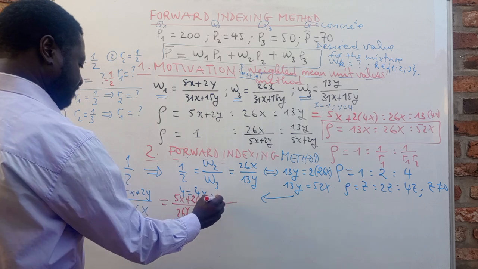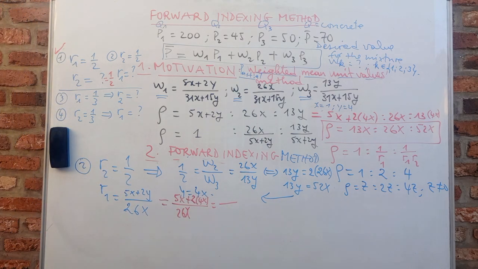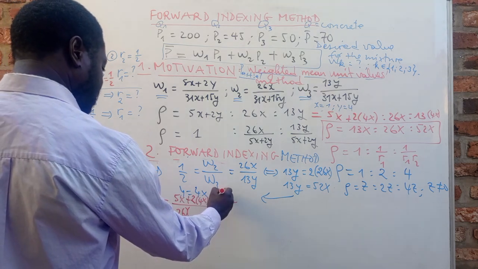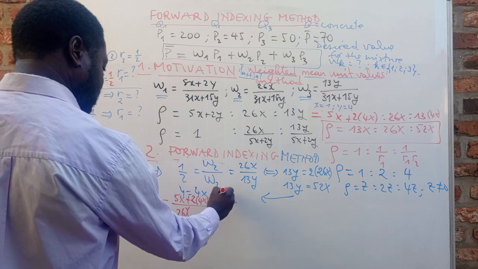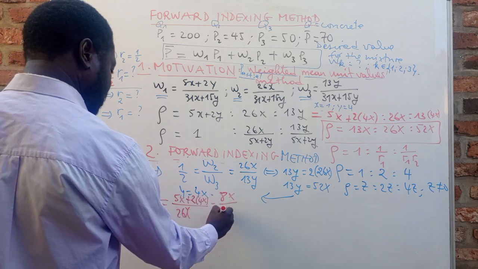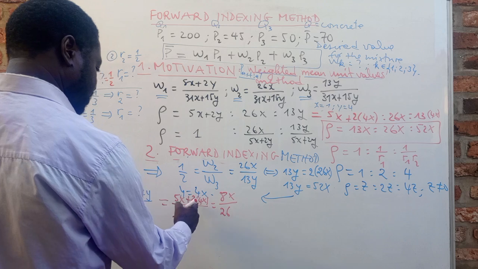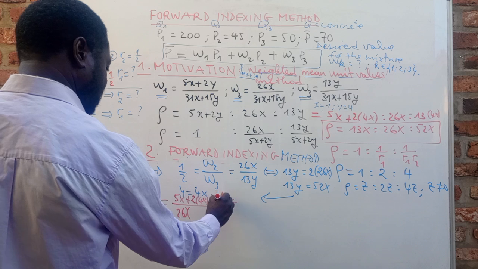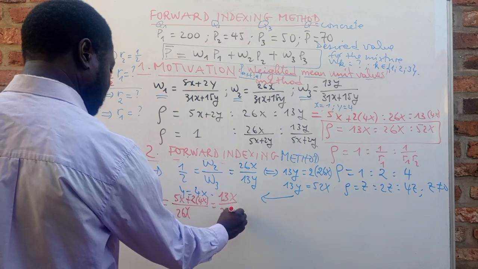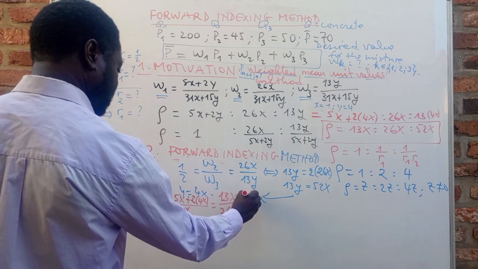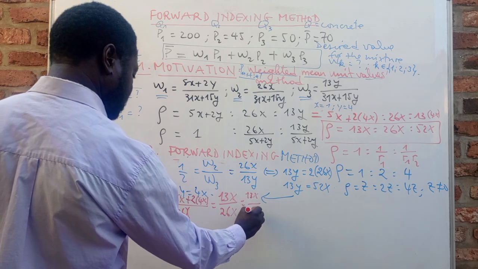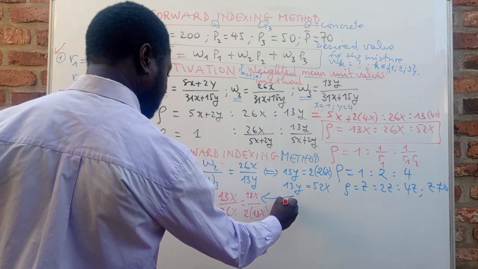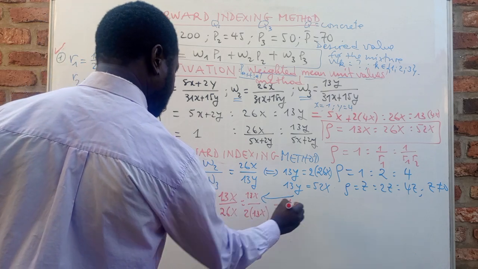That is 5x plus 8x, which is 13x divided by 26x, which is equal to 13x over twice 13x. Upon simplification, we get a half.